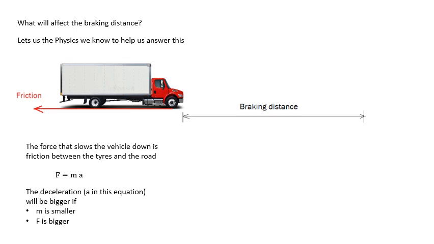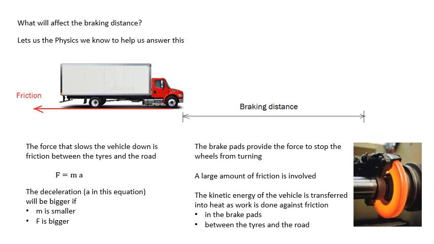Okay, and then there's F. F is the force slowing it down, which is to do with how many tires it's got, how good the tires are, things like that, the condition of the road. We'll talk about that in a bit, but F equals ma has a lot to do with it. We can also think about energy.